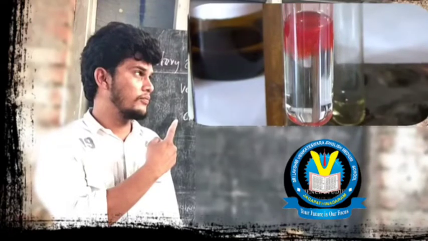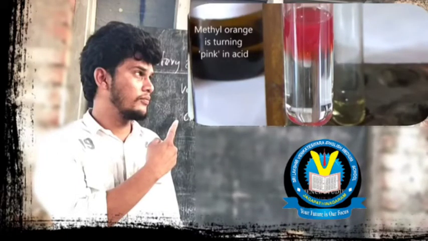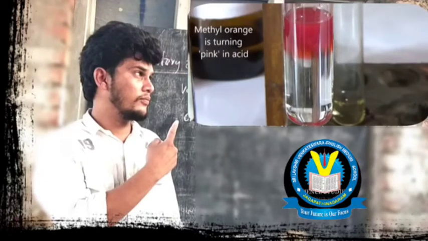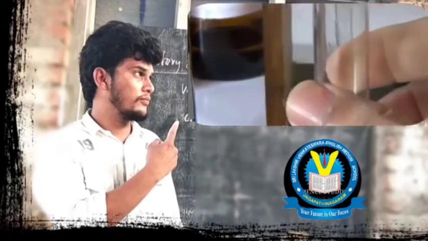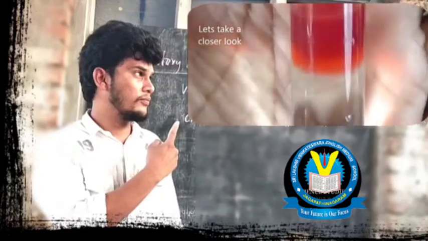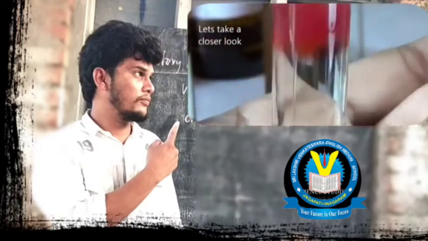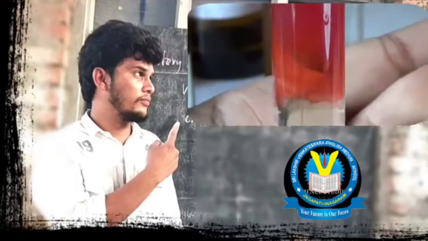Look here, the color changes. The indicator color, actually orange, changes into pink. So when the methyl orange changes into pink color, it indicates the given solution is an acid. So methyl orange changes its color into pink when we add it in the acidic solution.